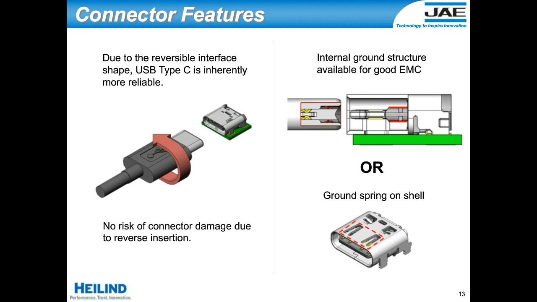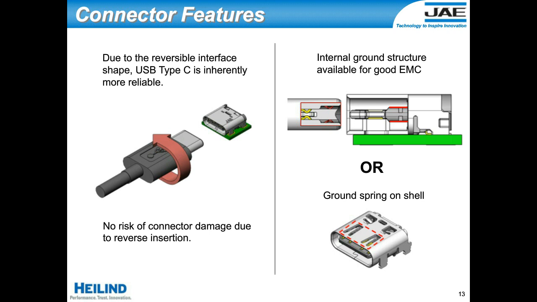The mating receptacle connector will typically have ground plates on the top and the bottom, in the back end of the connector. And this ground plate is basically where the ground springs from the plug side would make the connection. Another option for grounding, if you do not want to have ground plates inside the receptacle, is to cut spring fingers out of the receptacle shell, as you can see in the example of the connector at the bottom right.